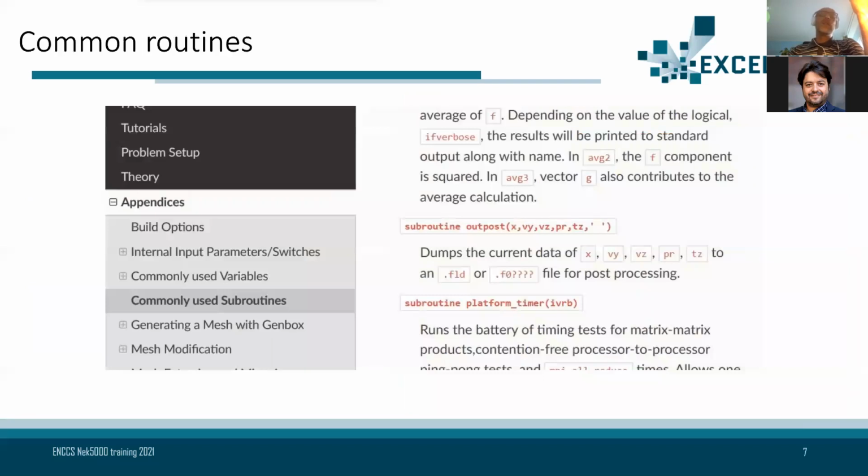And of course, there is in the documentation of Nek a nice description of various frequently used routines. So you can go into the Nek documentation to see what the routine really does. And this routine that allows us to write output, the plot file, is the outpost routine.